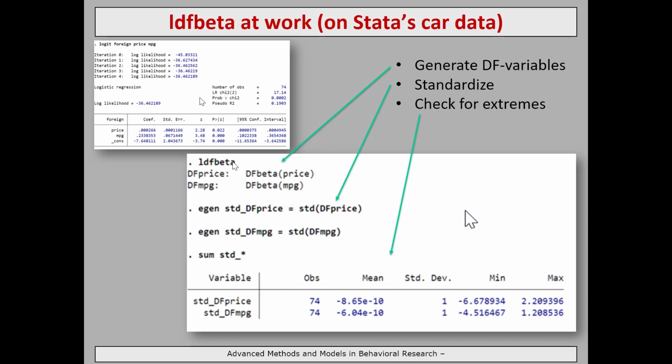These, should I go through what that is? Probably doesn't hurt. Okay, so what you get back, let's look at ldfbeta price. For each and every case, you check: if I rerun my logistic regression analysis, now with this first case excluded, then I again get a regression table, and I can look at the coefficient of price and see how much it moved.